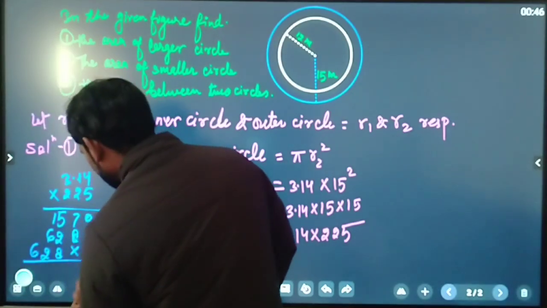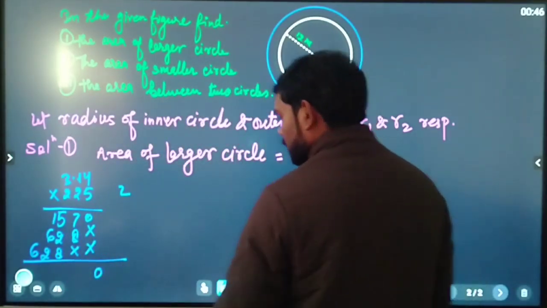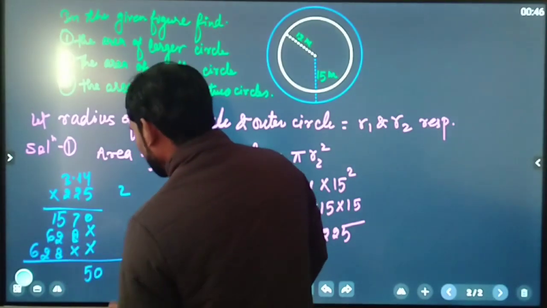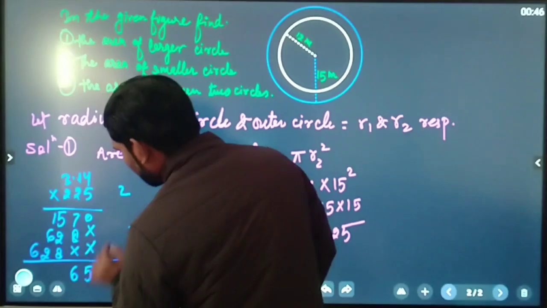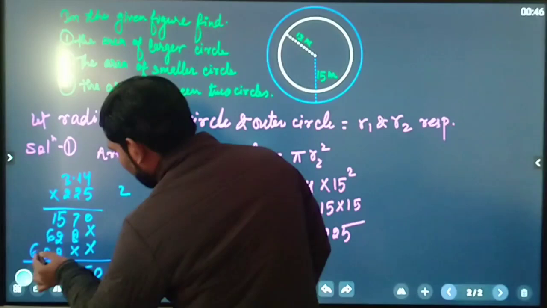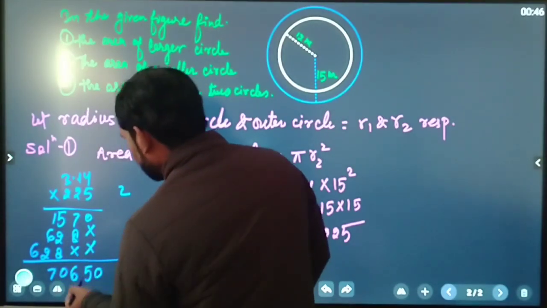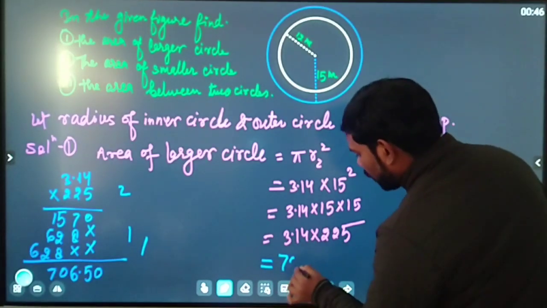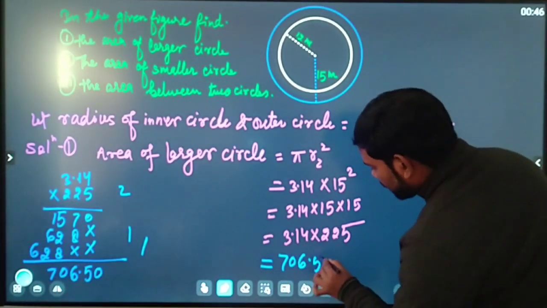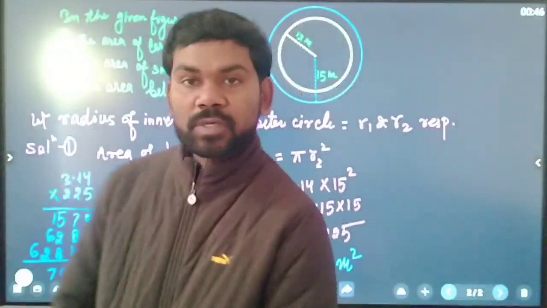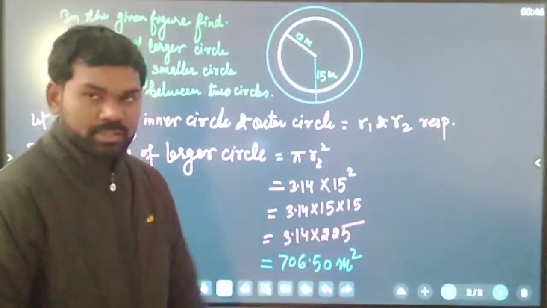Now add them. 0; 7 plus 8 is 15, carry 1; 8 plus 2 is 10, 10 plus 5 is 15, 15 plus 1 is 16, carry 1; 6 plus 2 is 8, 8 plus 1 is 9, 9 plus 1 is 10, carry 1, and 6 plus 1 is 7, and the decimal after 2 digits. So here we get the result as 706.50 meter square. So this is the result of the first question, that is the area of the outer circle.